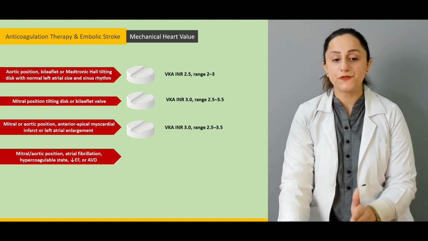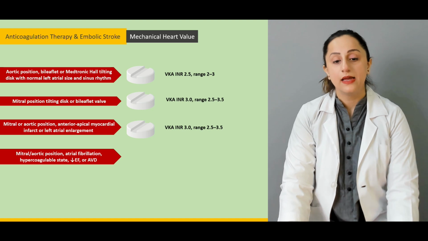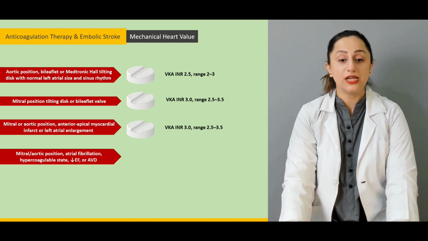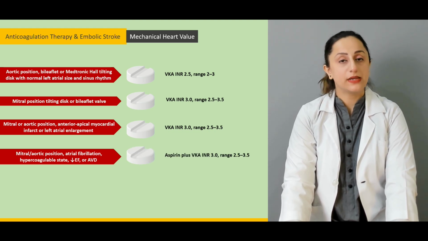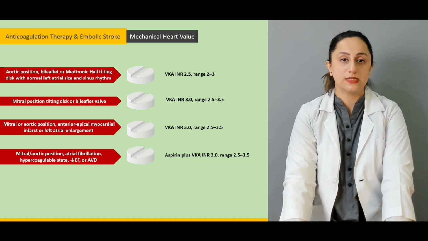You look for the mitral and aortic positionings. If there is atrial fibrillation, a hypercoagulable state, a decreased ejection fraction, and an atrioventricular defect, then you prescribe an aspirin plus a VKA. The INR is 3 and the range is 2.5 to 3.5 for these individuals.